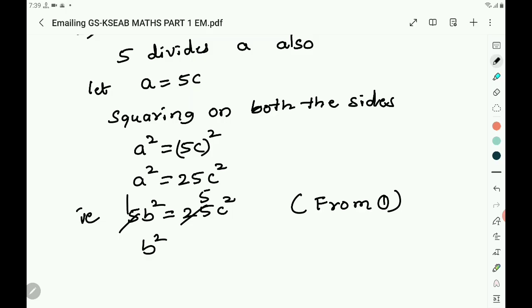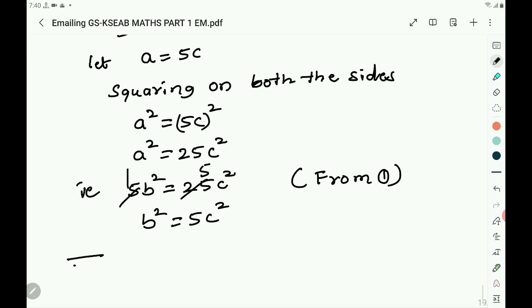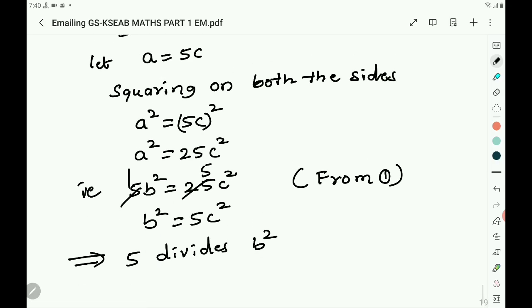B square equals 5c square. Then 5 divides b square, which implies 5 divides b also. As 5 divides b square, 5 divides b also.